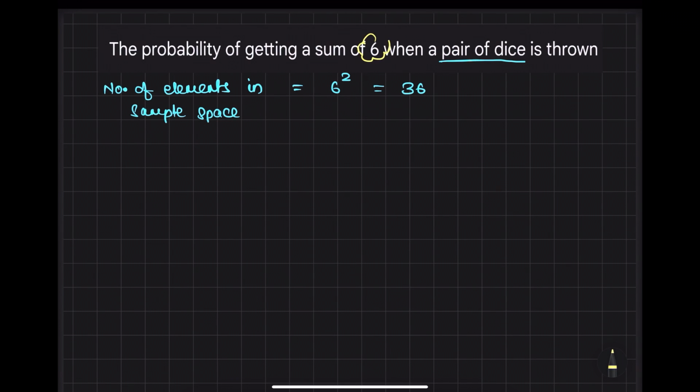We want a sum of 6. Okay, so look at this: favorable outcomes.